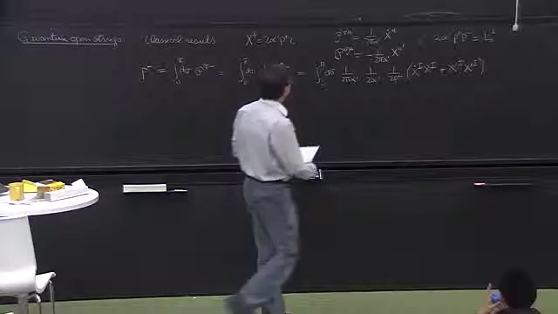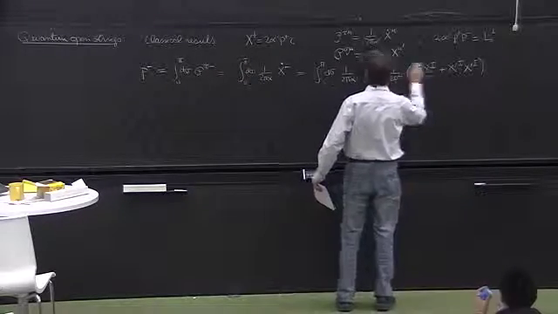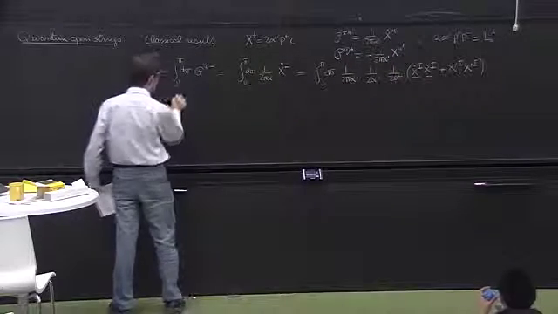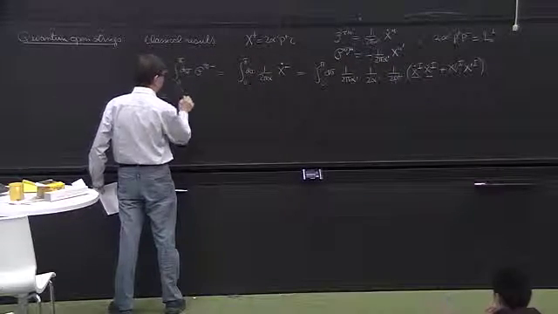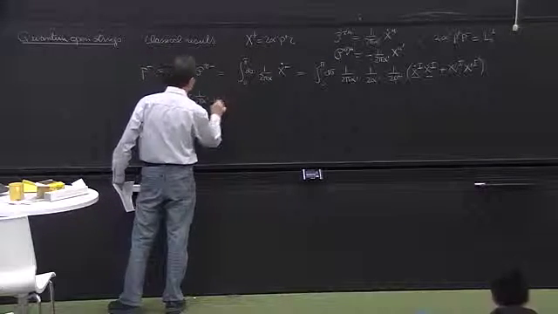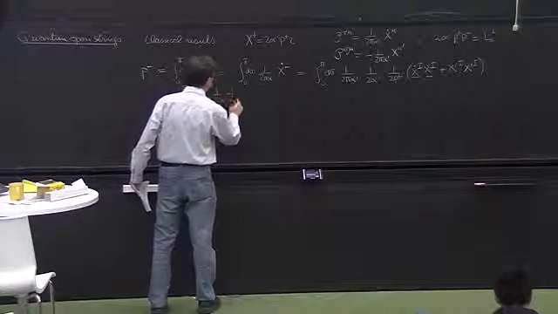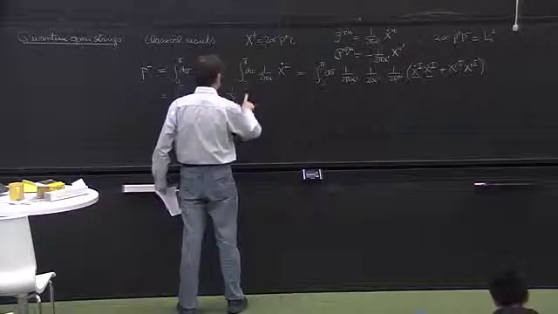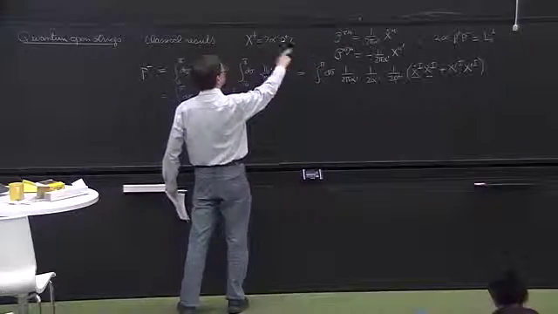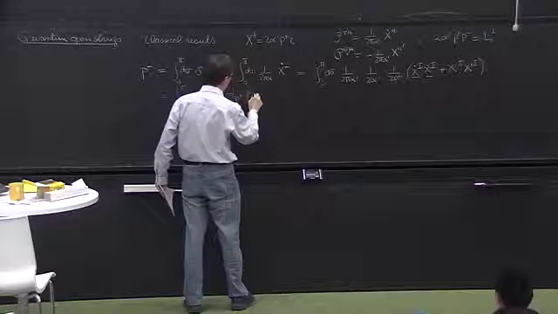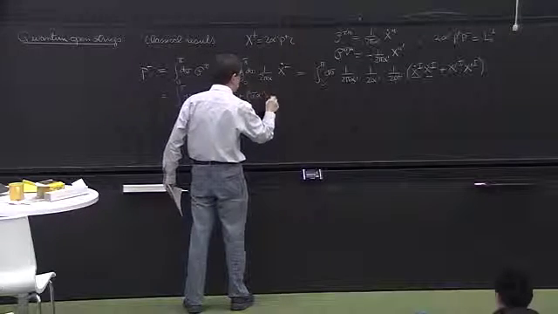So I'd rather change these ones to p's. So this becomes integral 0 to pi d sigma 1 over 2 pi alpha prime, 1 over 2 alpha prime, 1 over 2 p plus. And here I get each x dot is 2 pi alpha prime. So I get a factor of 2 pi alpha prime squared.